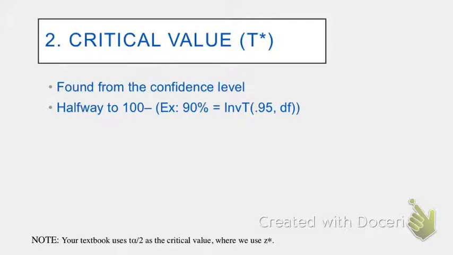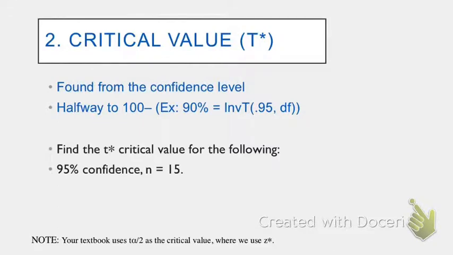So you go halfway to 100, but instead of 0 and 1, it is your degrees of freedom, which equals what? N minus 1. So it has to give you a confidence level and a sample size in order to do this inverse T. So let's try one together. 95% confidence, N equals 15. So in my calculator, it would be inverse T. What would halfway to 100 be?